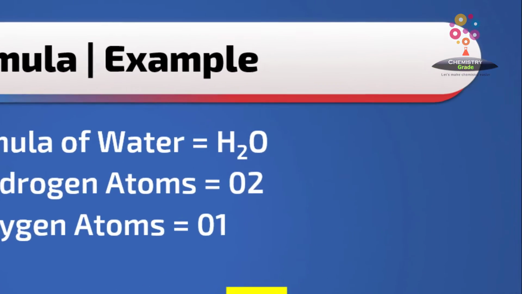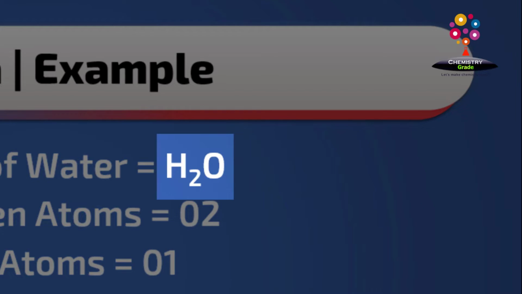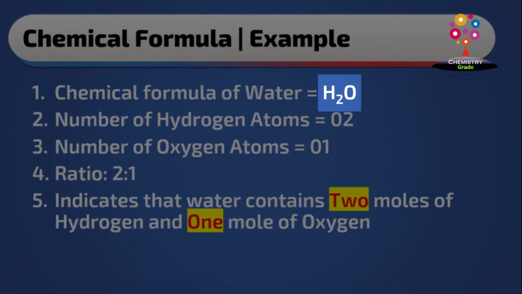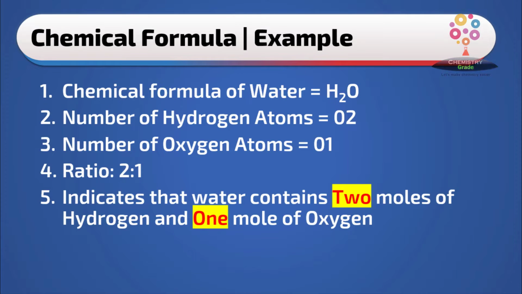So for example, we take the chemical formula of water, which is H2O. Here you can see the number of hydrogen atoms is 2, while oxygen atoms it's only 1. So the actual ratio becomes 2:1, which indicates that water contains 2 moles of hydrogen and 1 mole of oxygen.